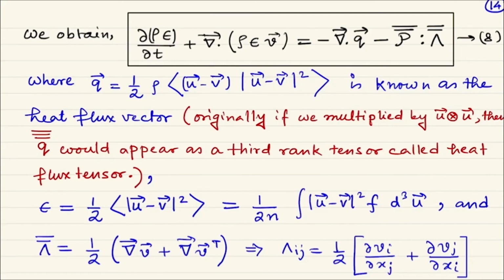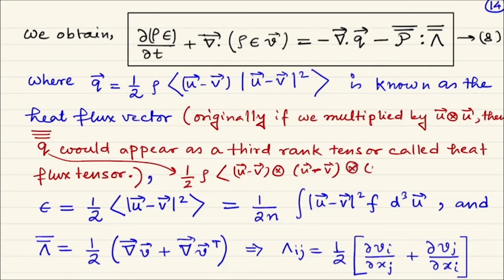This is a special case, or the trace, of the third order tensor known as the heat flux tensor. The heat flux tensor should look like this: u minus v tensorial u minus v, tensorial u minus v.